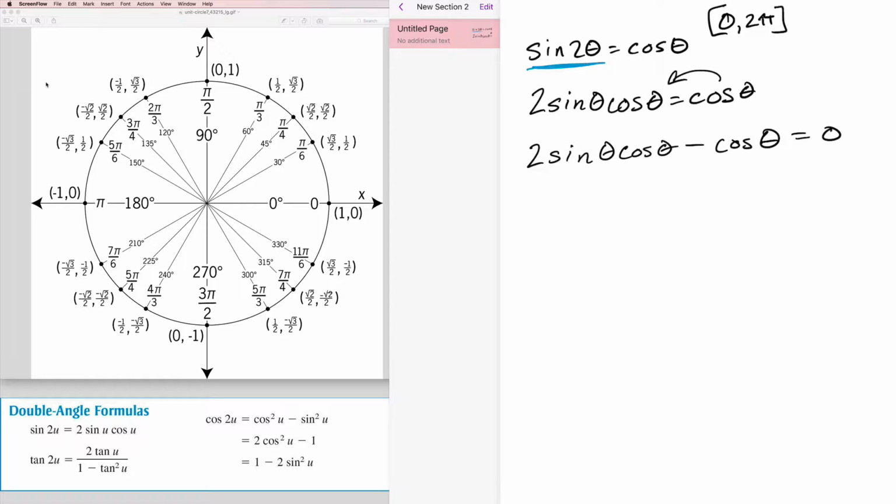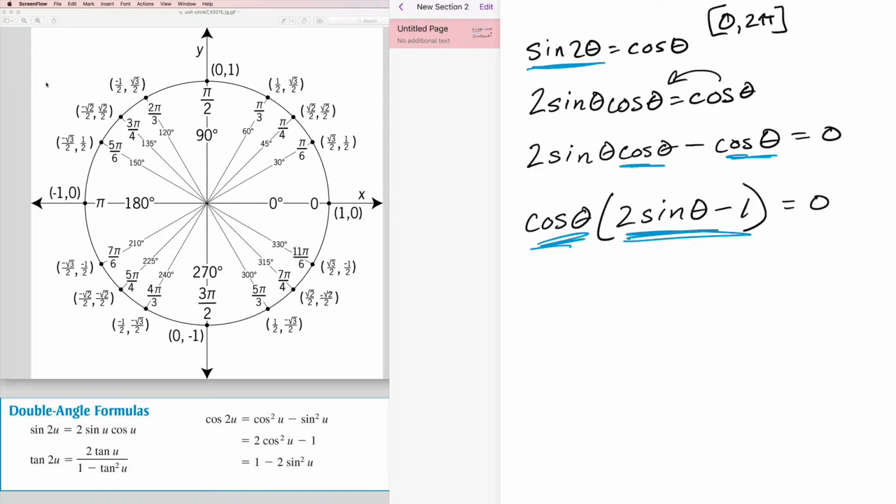Now, what we can do here, you'll notice that I have a term that they have in common, so I can factor that out. I can have cosine theta times 2 sine theta minus 1 equals 0. And so now I can find the zeros of these two terms, the zeros of cosine theta and of 2 sine theta minus 1.